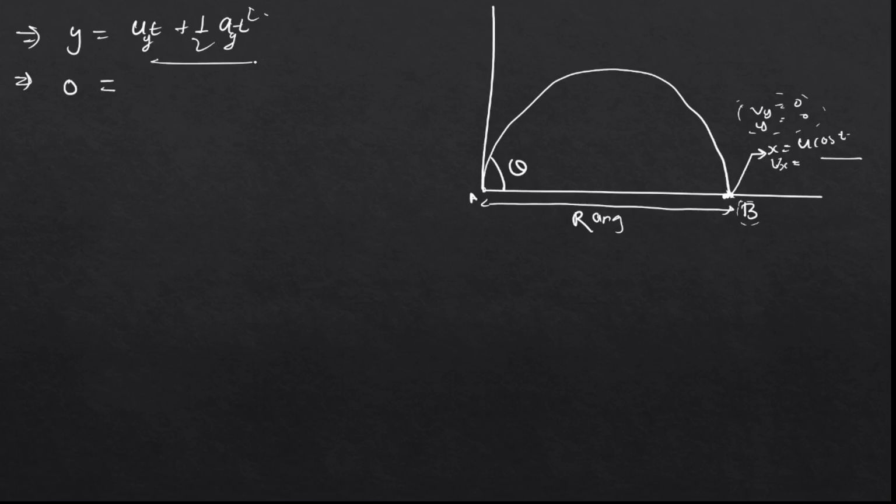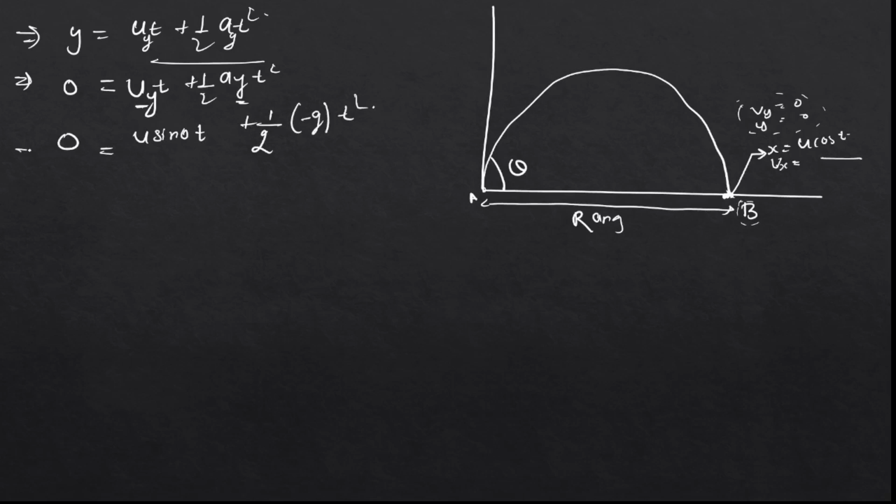Put the value of this uy and ay. uy was u sin theta times t, minus half g t square, is equal to 0. Simplify this equation: u sin theta times t is equal to 1 upon 2 g t square. From this, one t got cancelled, and I have time, which is t.